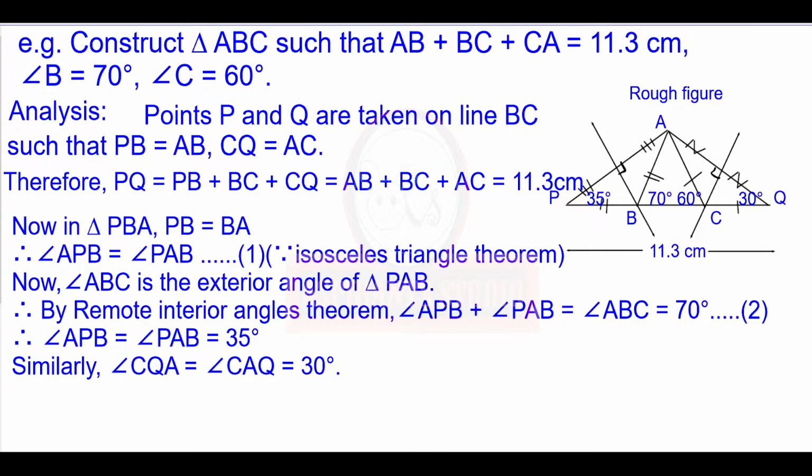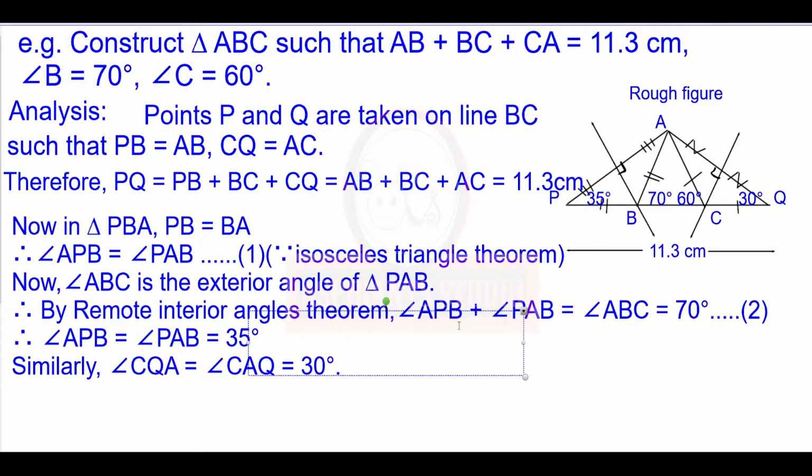So, measure of angle APB is equal to measure of angle PAB. Opposite to side PB we have the angle PAB and opposite to side BA we have the angle APB.